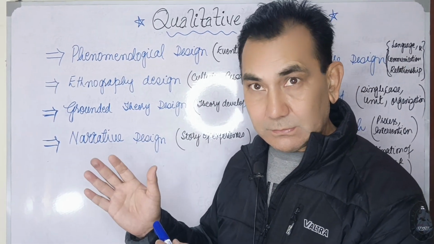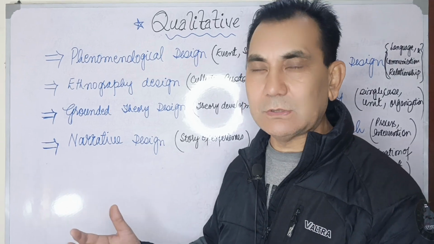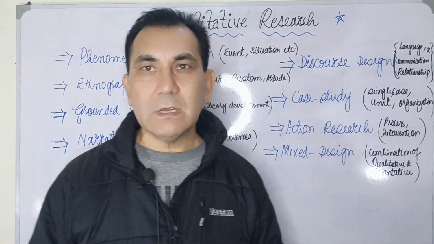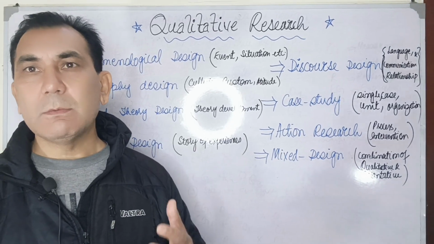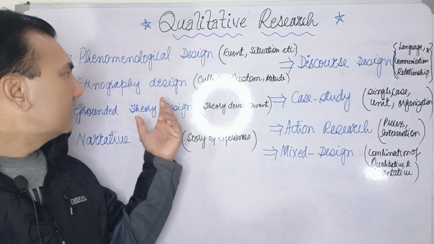Observation, whether inter-observation, intra-observation, or researcher participation, are the best ways to collect information about the culture, values or beliefs of people.